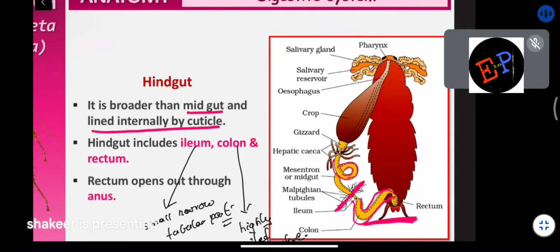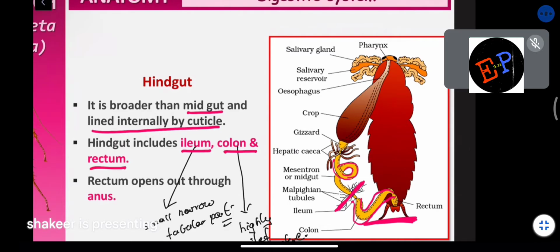Even in the foregut, in the case of the gizzard, the cuticles were present inside, and to the cuticle the chitinous teeth were attached. Here also in the hindgut you will find cuticles present on the inside.